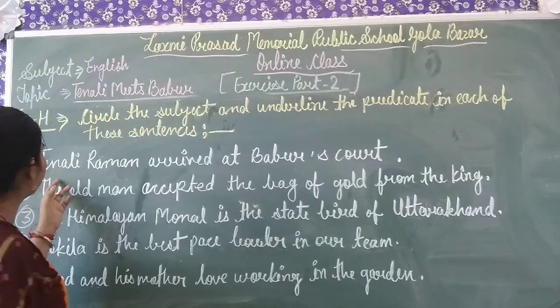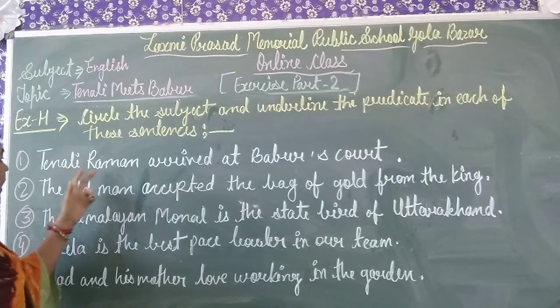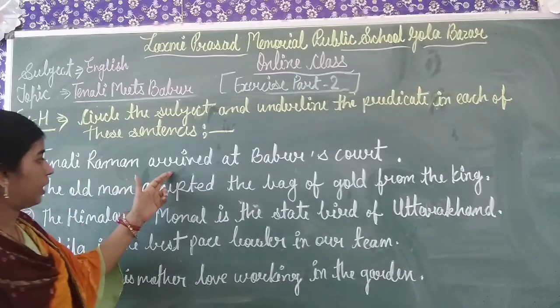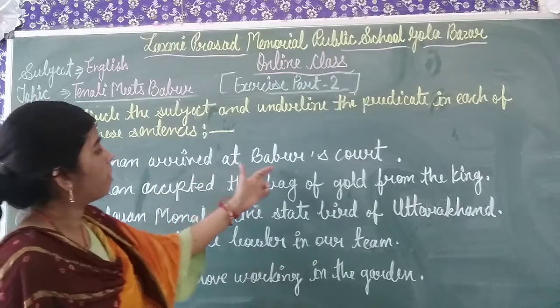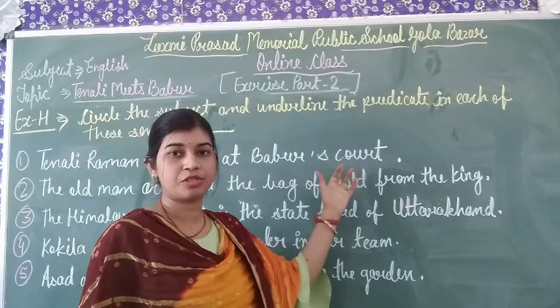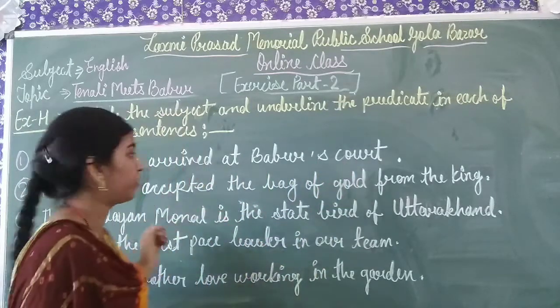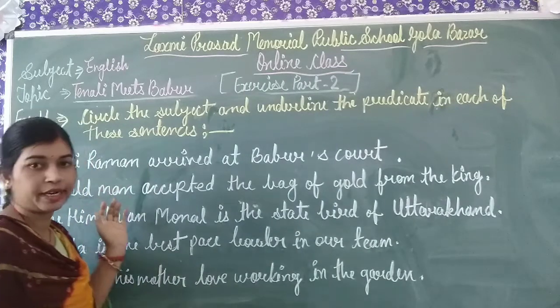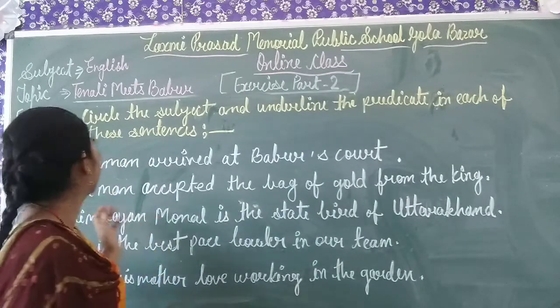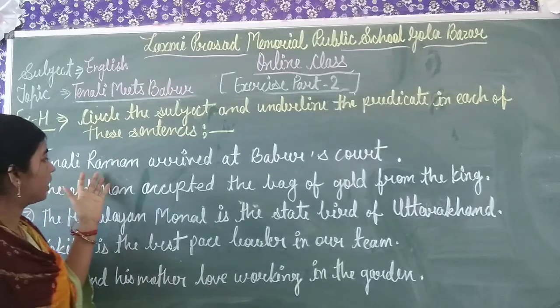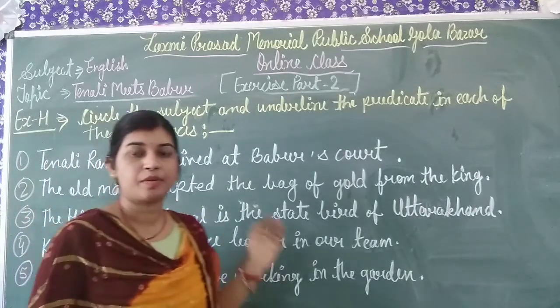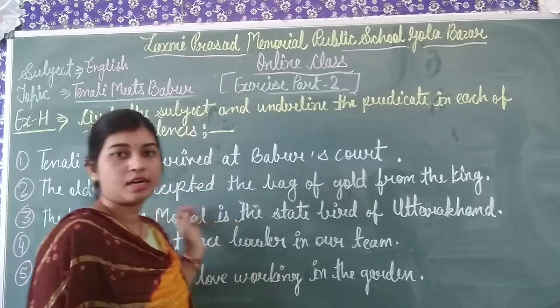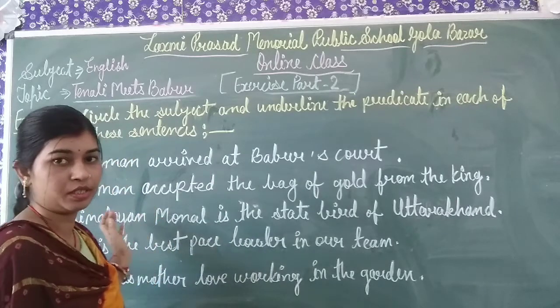Number one sentence, that is Tenali Raman arrived at Babar's court. So students, can you tell me which part of this sentence is subject? So here Tenali Raman is the subject because this is the name of a person.